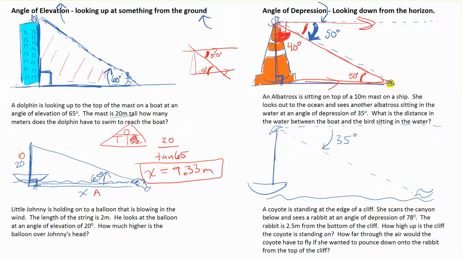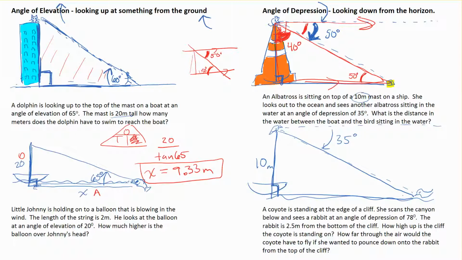So I'm going to have a right angle triangle in here. And the bits that I need to figure out here is how to get my angles in there. Go back one more step. Our 10-meter mast on the ship, so I'll put that bit of information there. I know that's 10 meters.